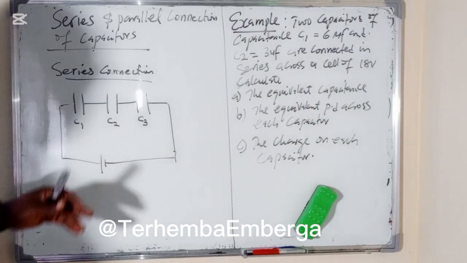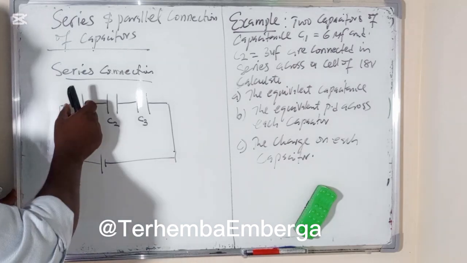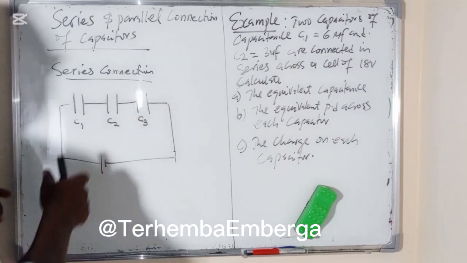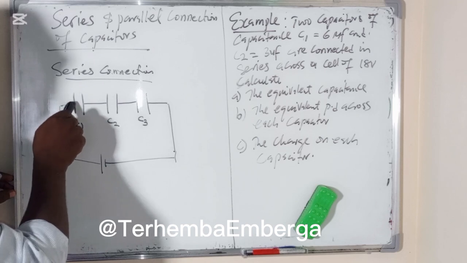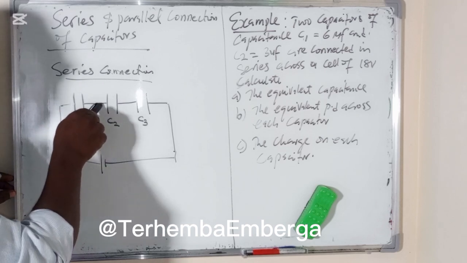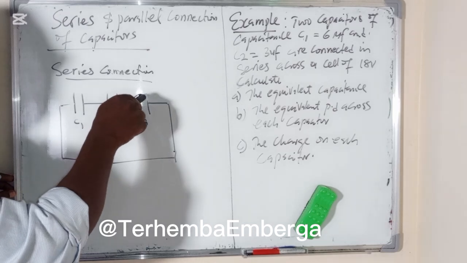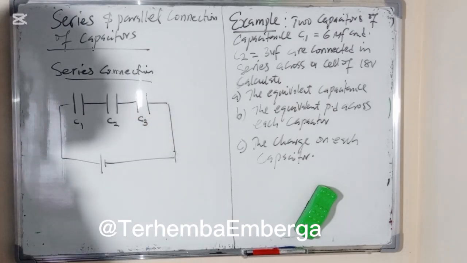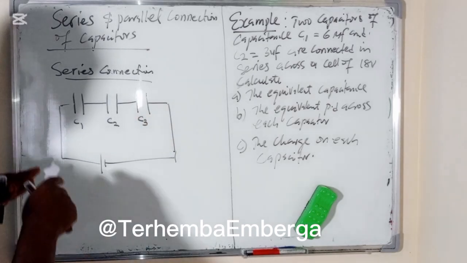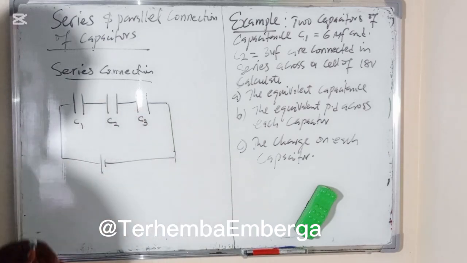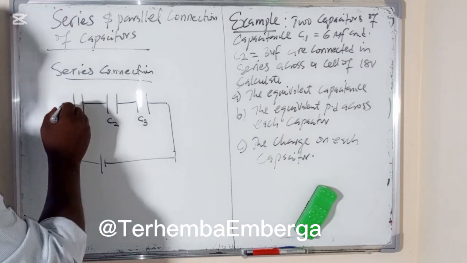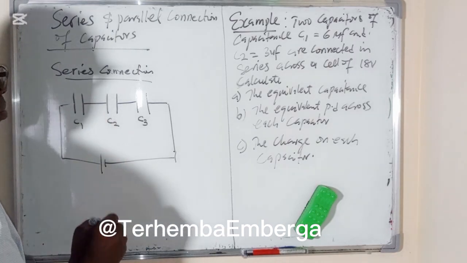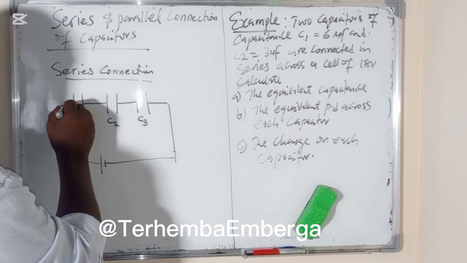Assuming these three capacitors are connected to a cell, a battery. Since this is the series arrangement, the charge that passes through C1, the same charge will pass through C2, the same charge will pass through C3. So the charge passing through the three capacitors is common, or the same. Whereas the potential difference is different.